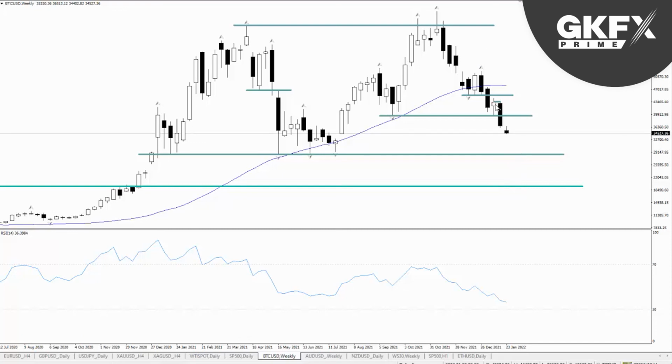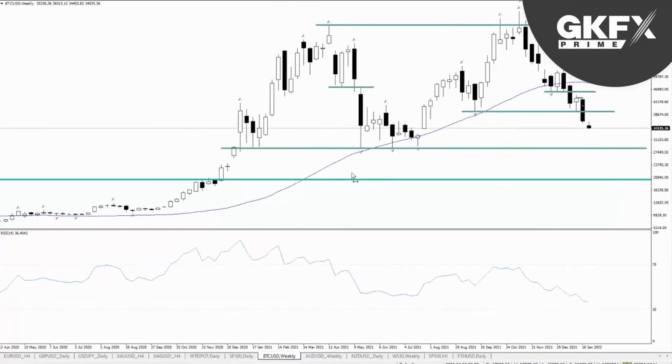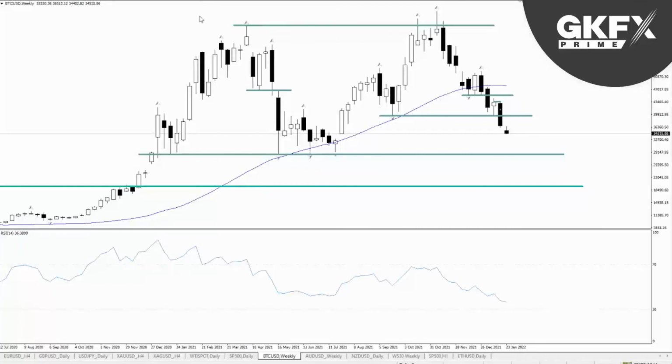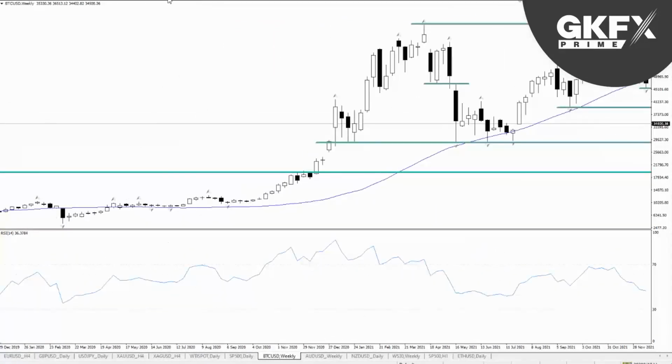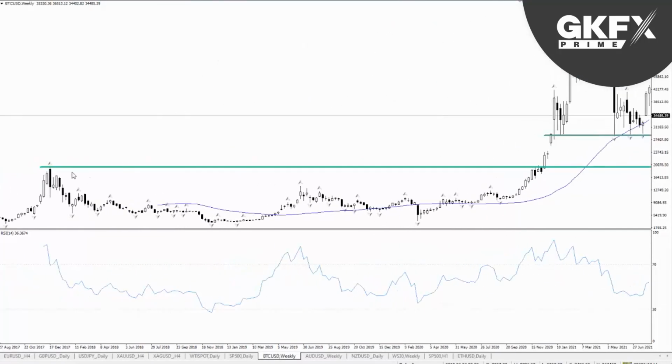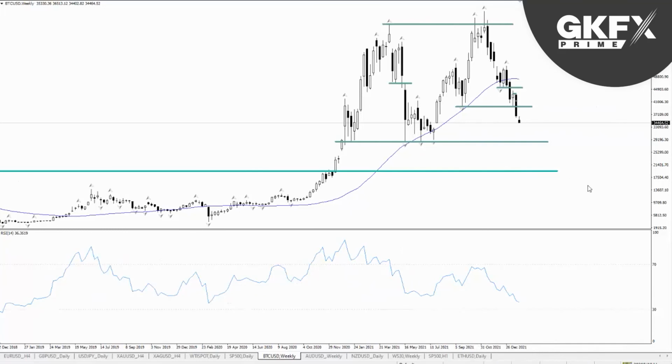That's when you need to start looking at a logarithmic chart versus this one, because you can see that would still be a steep drop percentage-wise if we drop from 29k down to the former record high from 2018. Okay, yeah, there you go. You can see that's our 2018 peak, down at 17k.